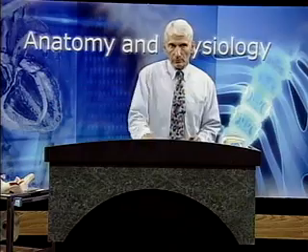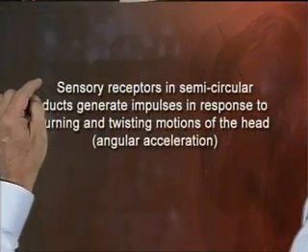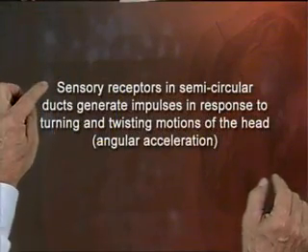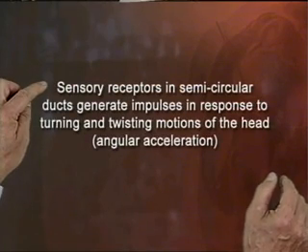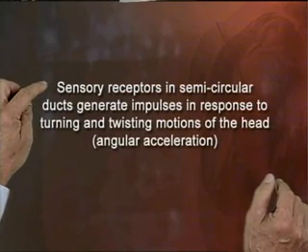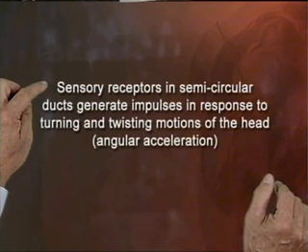Let's look at some graphics that summarize what I wrote out. In the semicircular ducts, the hair cells, which are the sensory receptors therein, generate impulses when we turn or twist our head in the various planes that we can turn it or twist it.